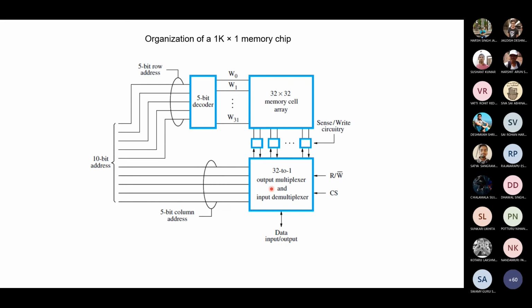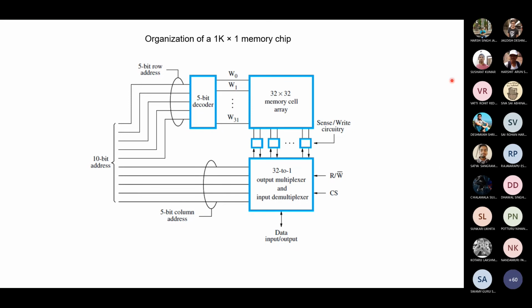So this one actually organizes 1K into one chip. Now, if you would like to develop a 1K into 8 chip, what will you have to do? Remember, what you do not require is basically this decoder, because the same decoder can be used for another cell, which will be another 1K into 1.